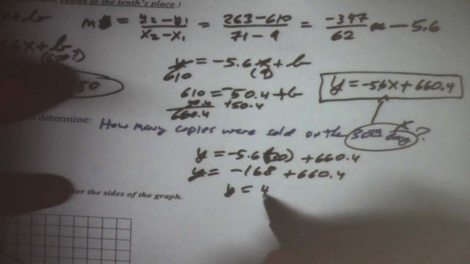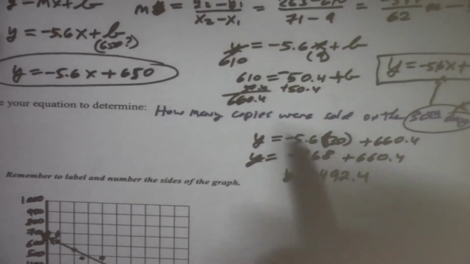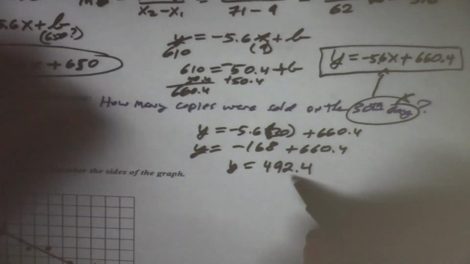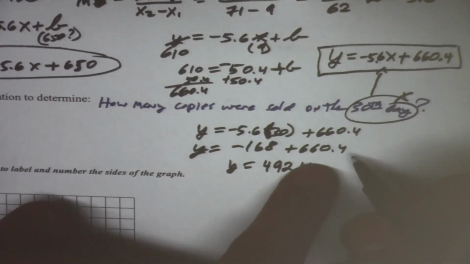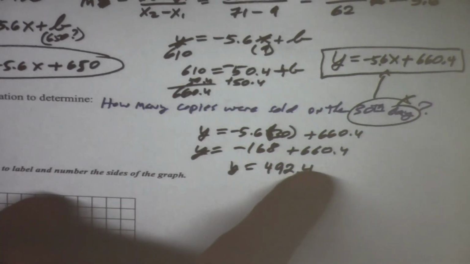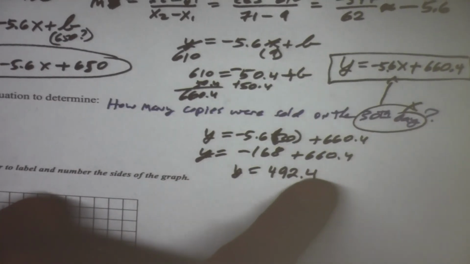Y equals 492.4. And I didn't ask you what the y was. I said, how many copies? So you would say, oh, well, we didn't sell part of a copy that day, so that means we round down. This is a case where even if it came up to 0.8 or 0.9, rounding it up wouldn't make sense because it didn't sell a partial copy. It would make more sense to round down, even if you had 0.999.